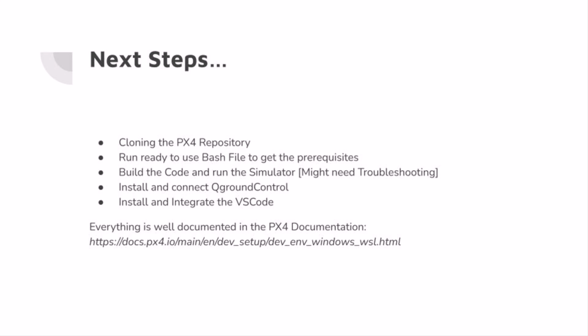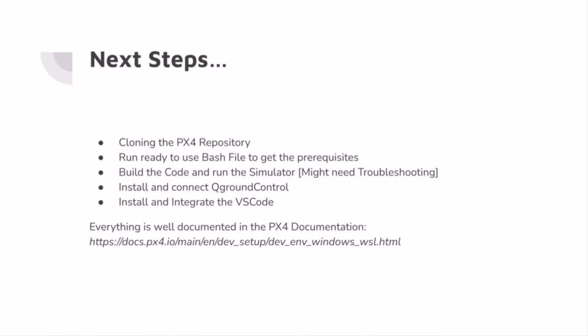Then we're going to build the code for the first time and run the simulators such as jMAVSim and Gazebo. These steps might need some troubleshooting, depending on your system and your configuration. I hope you won't face any errors here, but if you do, I will guide you through the steps for troubleshooting and what you should do. Then we're going to install QGroundControl inside the Linux and inside the Windows, and we're going to connect them together.